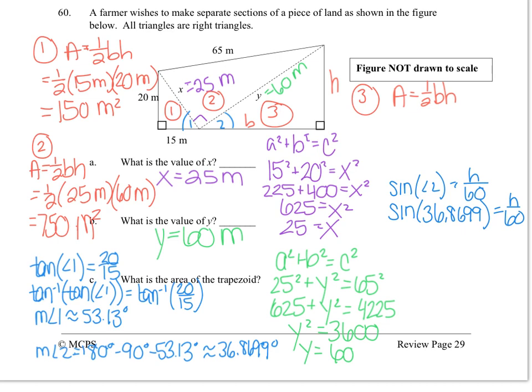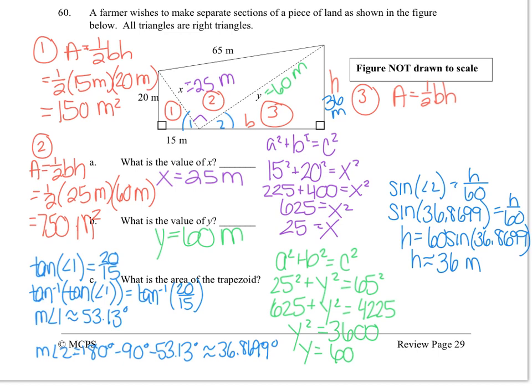I'm going to multiply both sides by 60, and I'm going to get h equals 60 times sine of 36.8699. Therefore, h is going to be about 36 meters when you put it in your calculator. Again, I want to always remind you, make sure that your calculator is in degree mode. So we found h. This is 36 meters.